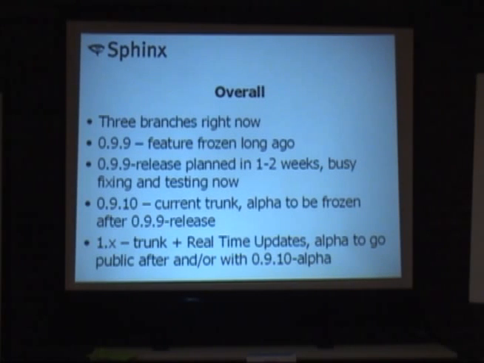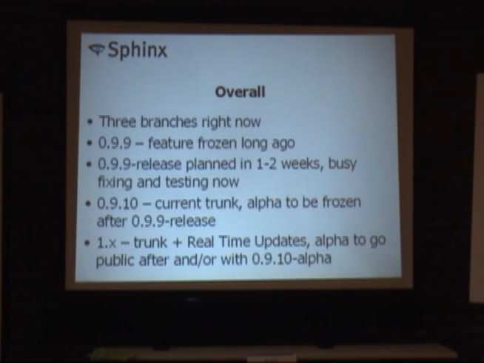Over the last year, we got a couple more branches, now like 3 different branches. 098, which is stable, 099, which is frozen and should actually be in RC stage right now. It should be released in, I think, a couple of weeks.